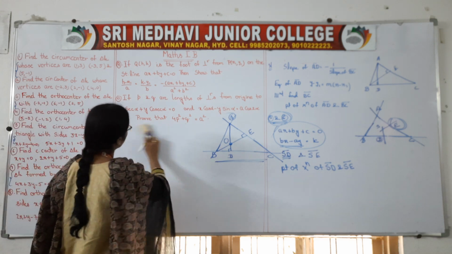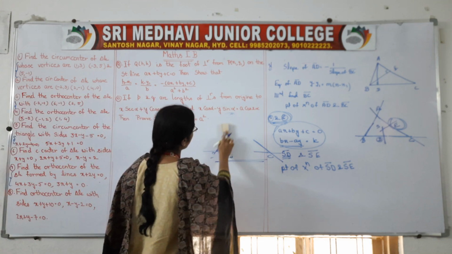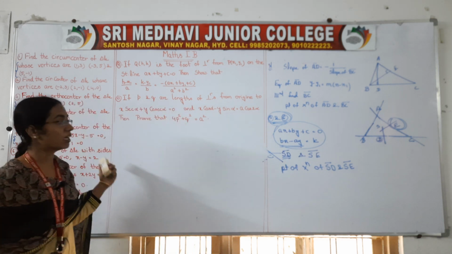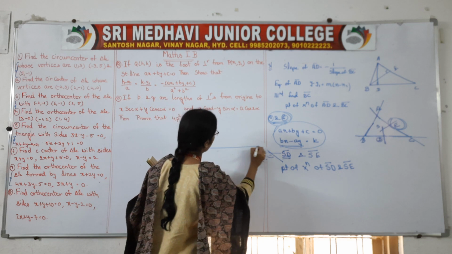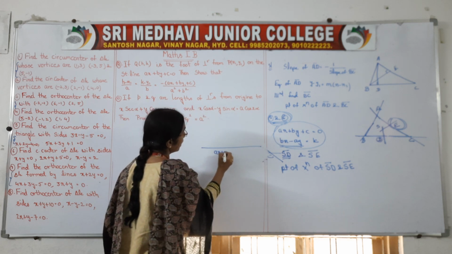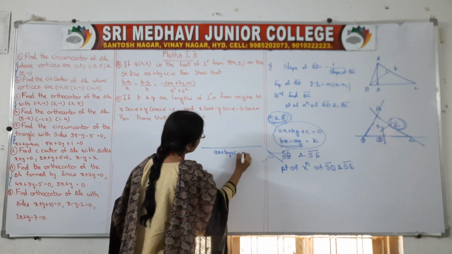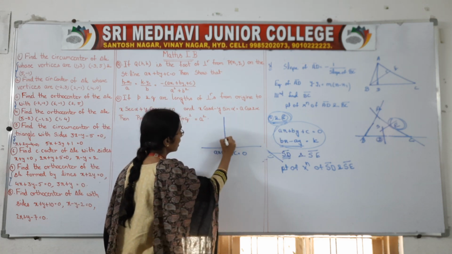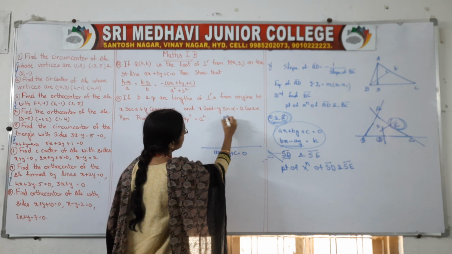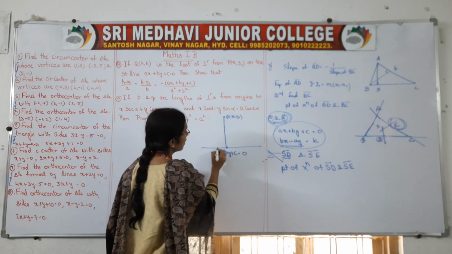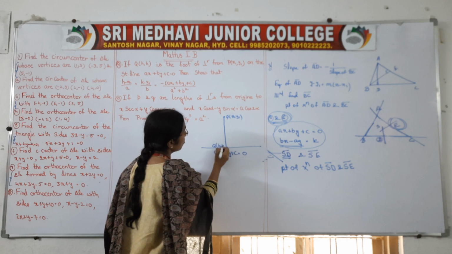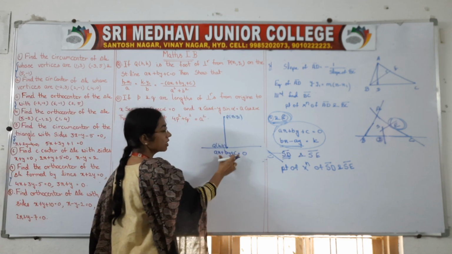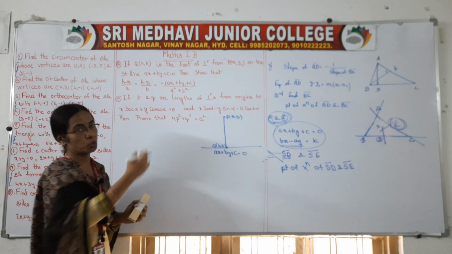What is the 10th one? It is a theorem. If Q(h, k) is the foot of the perpendicular from the point P(x1, y1) on the line AX plus BY plus C is equal to 0, then show that the following holds.